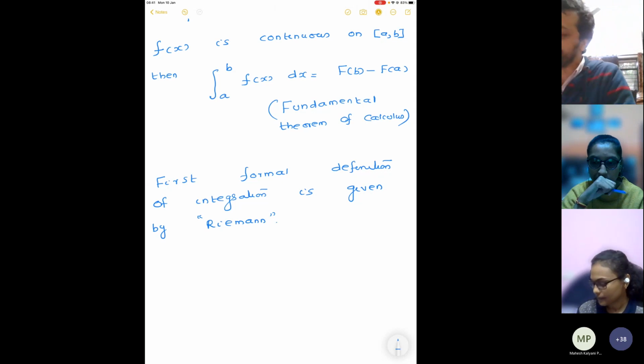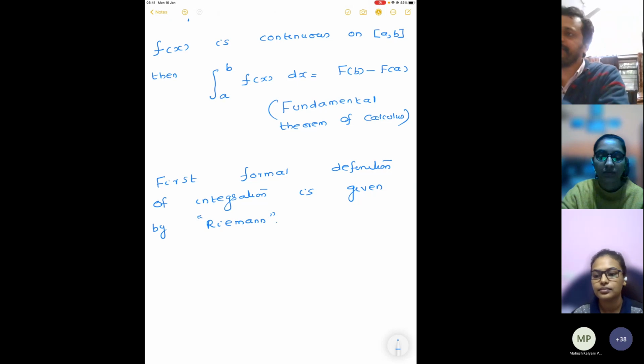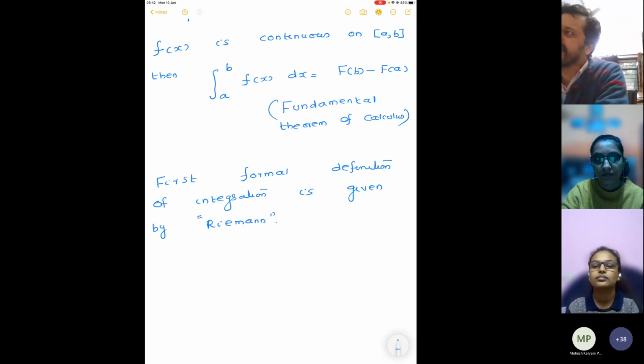I was telling that integration is not antiderivative, and the first man who came with a satisfactory explanation for what integration is, is Riemann. And again, if you look at the core, Riemann's idea is just common sense.